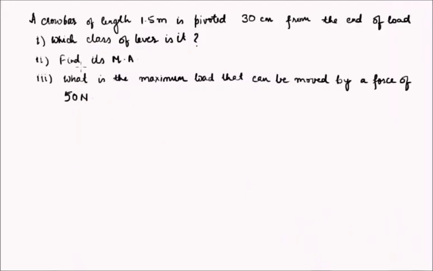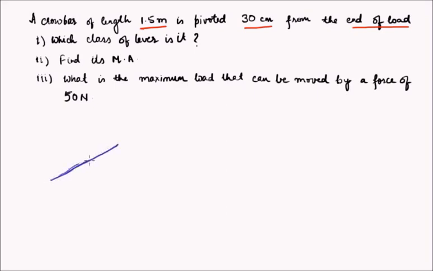The question says that we have a crowbar which is of length 1.5 meter and it is pivoted at 30 centimeter from the end of load. So from this statement, let us try to draw what the crowbar will look like.